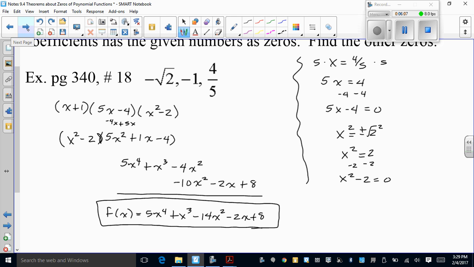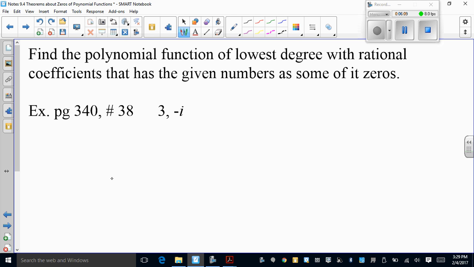Okay, let's try another one. This one should have been in with the imaginary ones, and if I caught this earlier, I would have thrown it in there. I guess we'll go ahead and do it. So remember, this is plus or minus. So x equals plus or minus i. So x squared equals i squared.